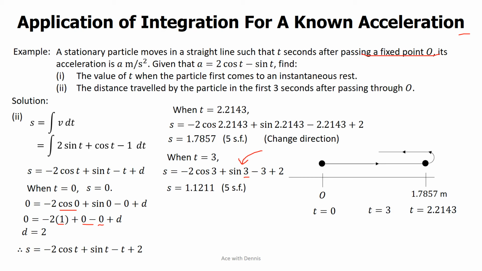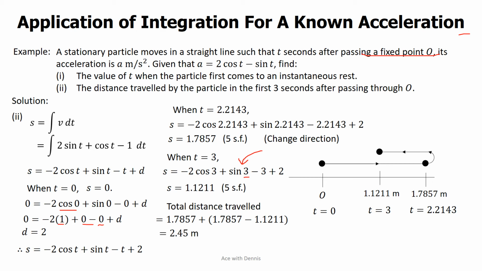Then it changes direction until t equals 3 seconds, where the displacement is 1.1211 meters, and this is the particle. So the total distance traveled will be 1.7857 plus 1.7857 minus 1.1211, which gives us 2.45 meters.